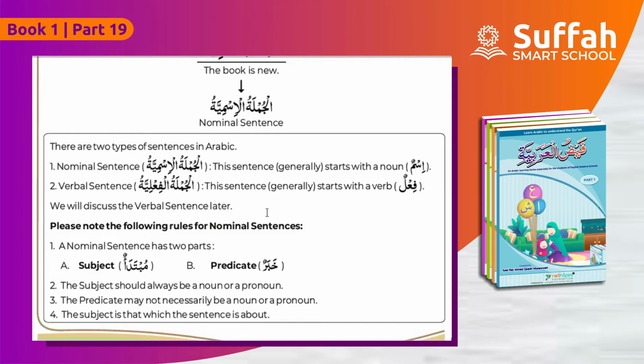The actual word is mubtadaun, and you can call it mubtada, right? And then the second pillar, the second part of a jumla ismiya, is khabarun, or predicate. Mubtada and khabar. Mubtadaun or khabarun, subject and predicate.